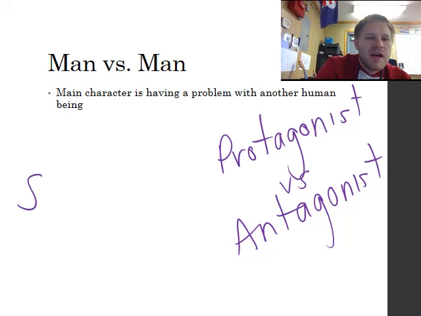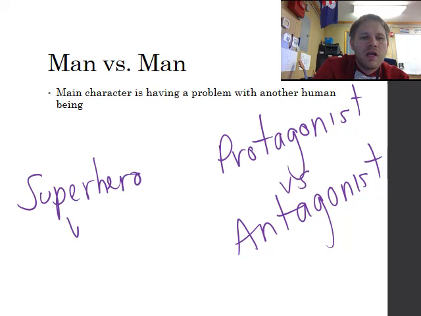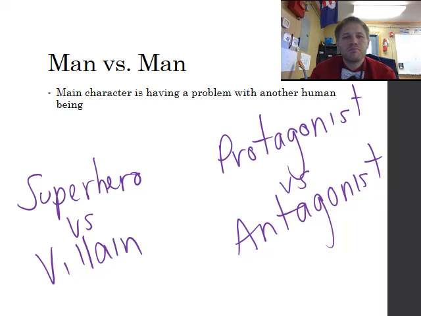In man versus man conflict, you generally have one major main character who's a good guy going against one major main character who is a bad guy. So if you're reading a story with one good guy and one bad guy, chances are that story has man versus man conflict.